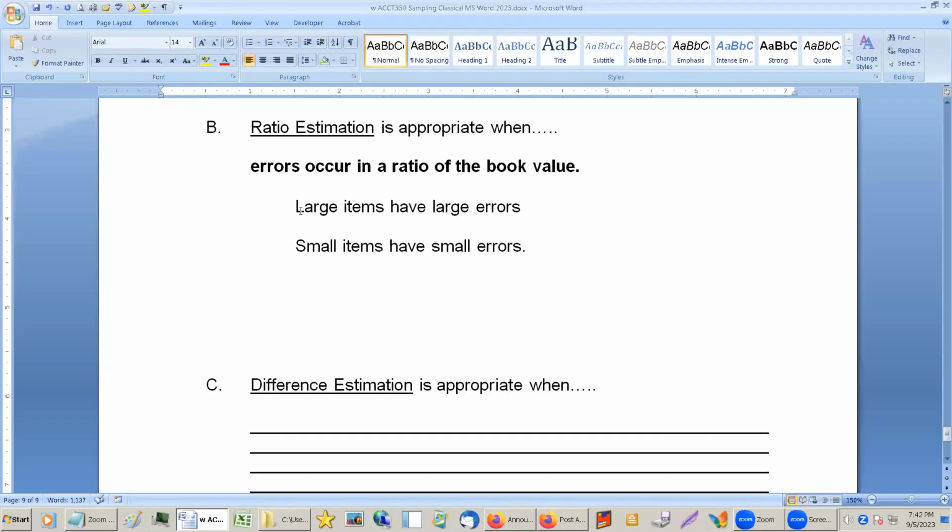Large items will be off by larger amounts, smaller items by smaller. A $50 account will probably be off by 5 or 10, a small amount. Larger accounts tend to be off by a larger amount, because any error made in them is made at a larger scale. And this is one I use quite a bit, ratio estimation.